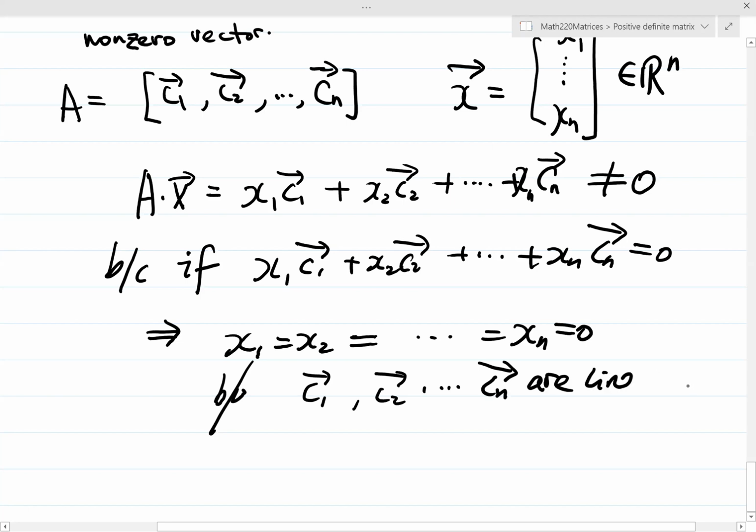That is, if a linear relation gives zero, the only possible case is the trivial case, where all scalar multiples are zero.